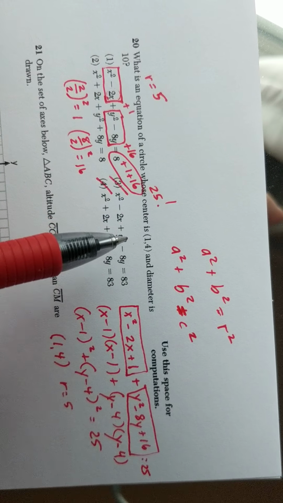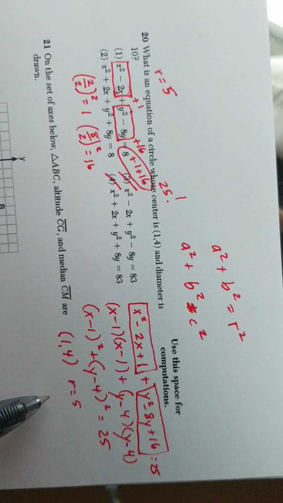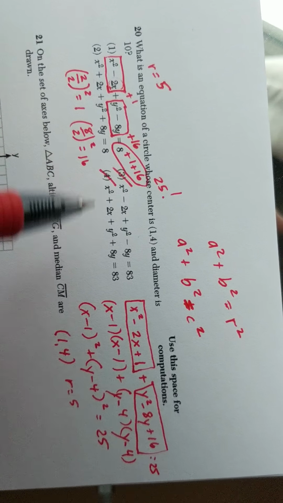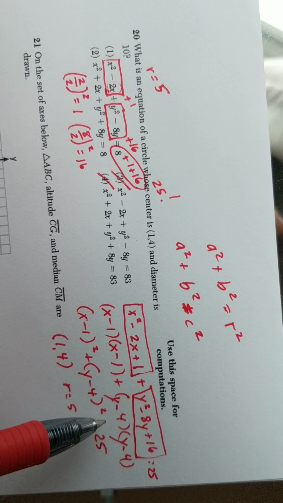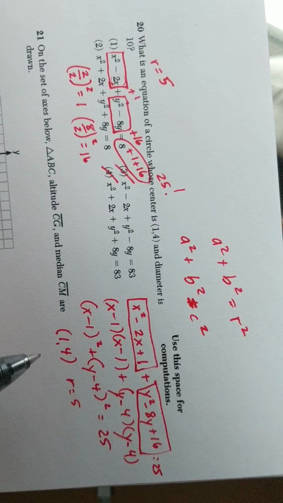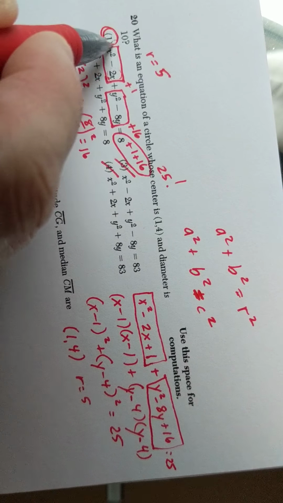And if you look here, we want the center to be at 1, 4, and the radius is 5. Now, if I factor this other one, I'm going to end up with x plus 1 and y plus 4. Which then I would take the opposite sign, and this center would be negative 1, negative 4. So my answer to question 20 is 1.